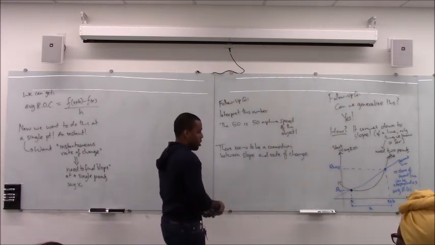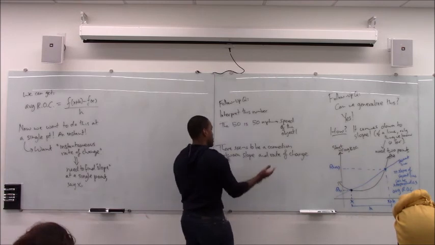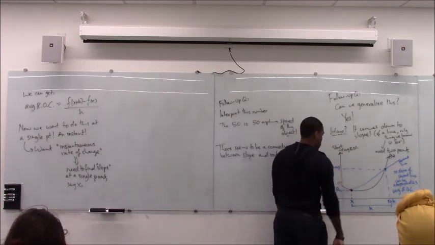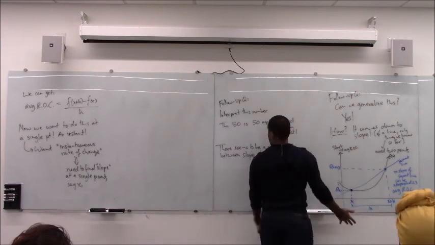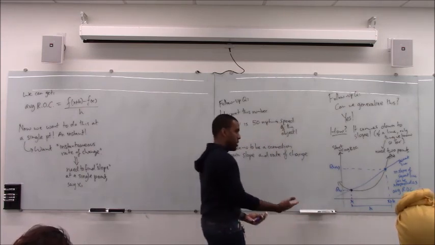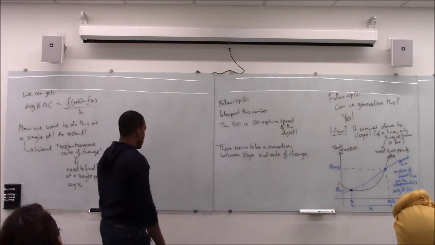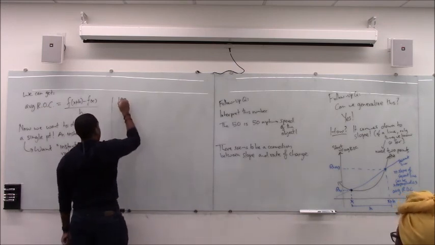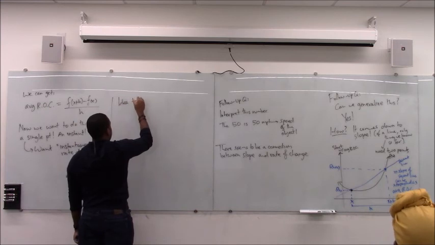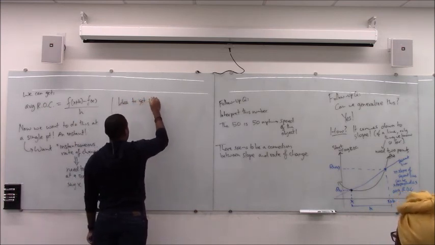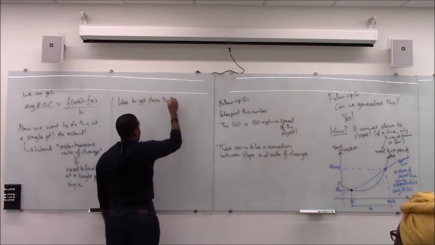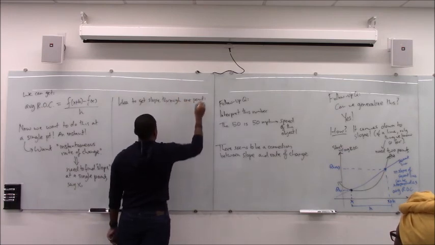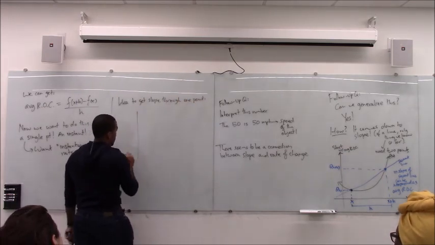Now I would want to be able to measure a slope of that because there's a connection between slope and rate of change. How can I actually measure a slope at one point? You need 2 points to create a slope, don't you? y2 minus y1 over x2 minus x1. You need 2 points. So the idea to get the slope through 1 point is going to be the following.